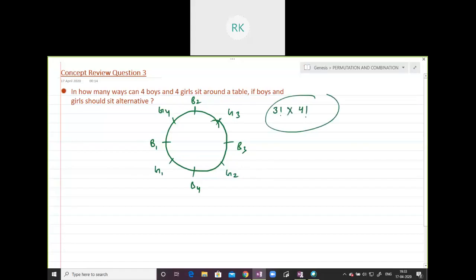I can't subtract once again because I have already done 4 minus 1 factorial for the boys. So the 4 remaining girls I can rearrange in 4 factorial ways. So 3 factorial means 3 into 2, and 4 into 3 into 2 into 1. I hope you will get the answer. Yes, Surya Sanket, right answer.